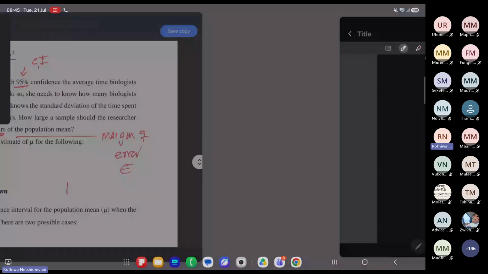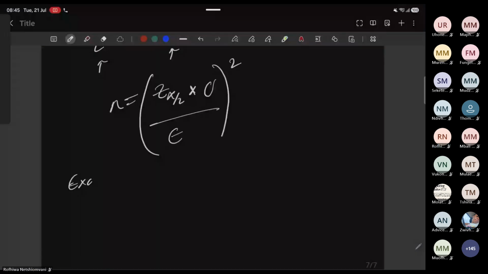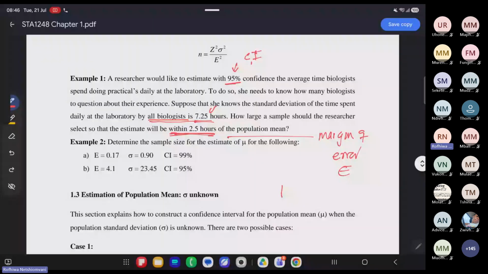Example 1, page 4. We know that we're given CI is 95%, sigma 7.25, and E is 2.5. Then you just have to find the Z for 95.